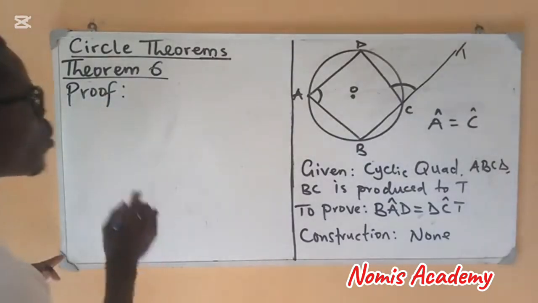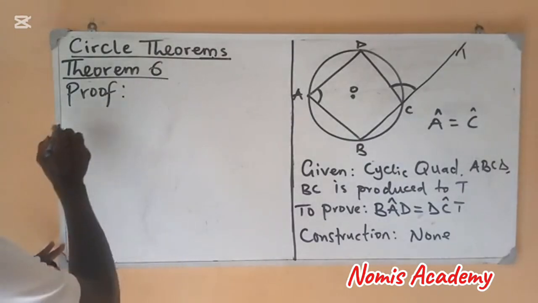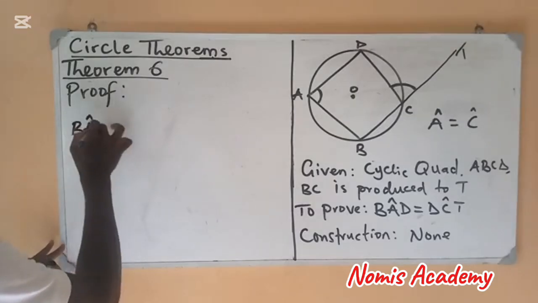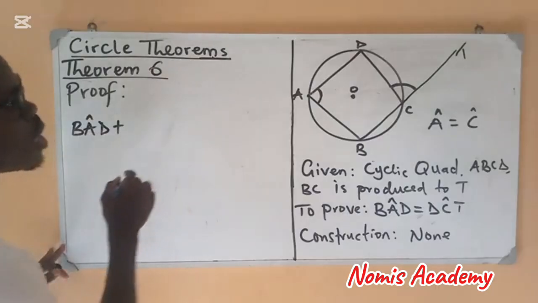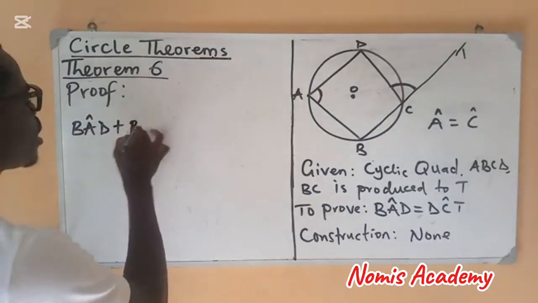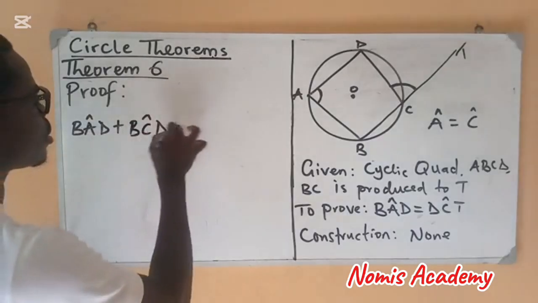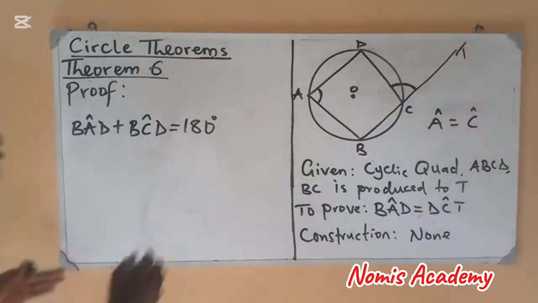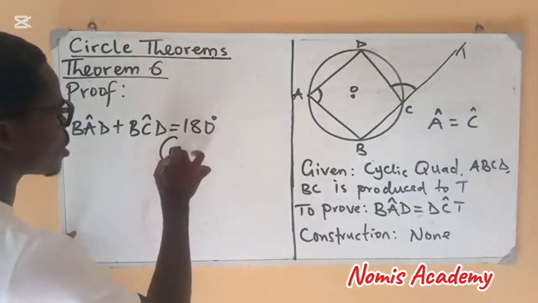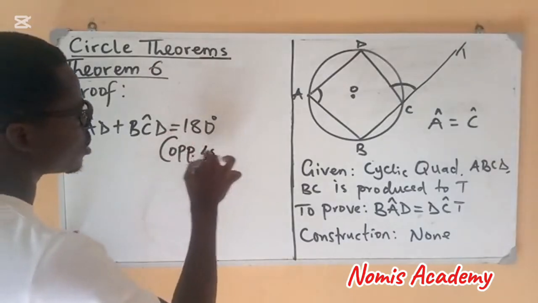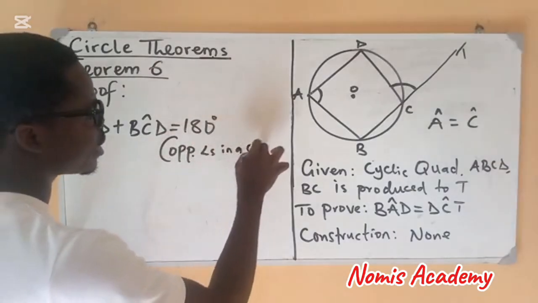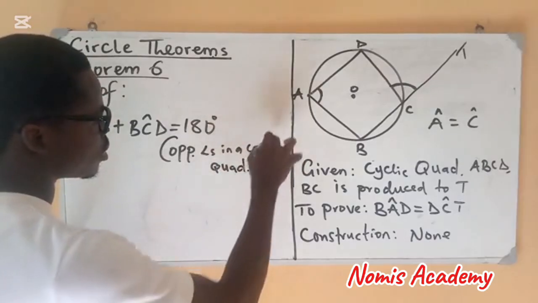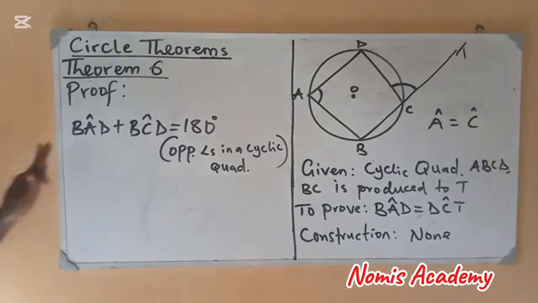Now, we agree that angle BAD plus angle BCD sum up to 180 degrees, and the idea behind this is opposite angles in a cyclic quad. Okay, so we agree with this.